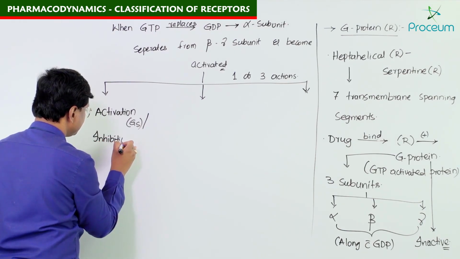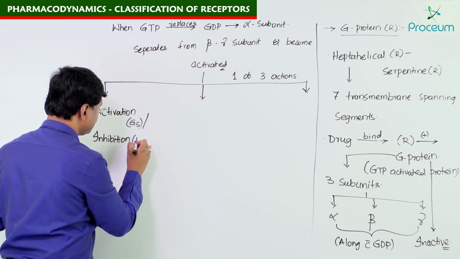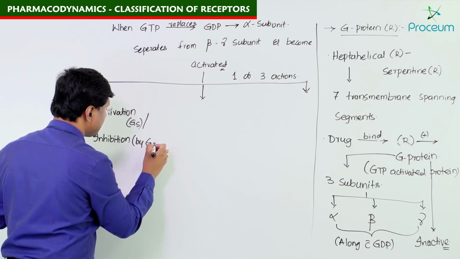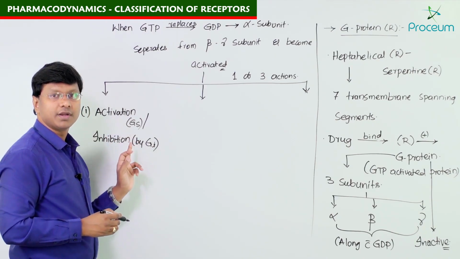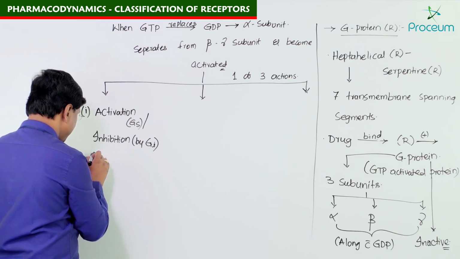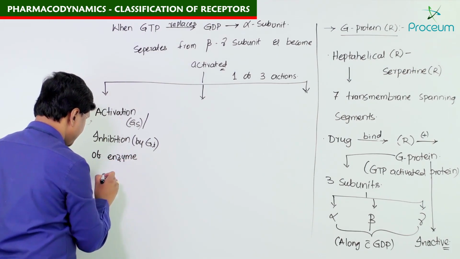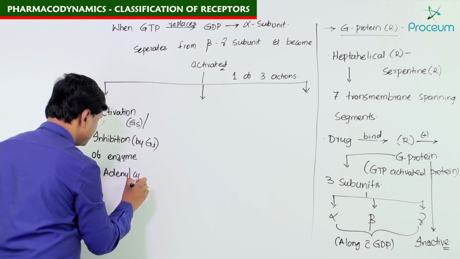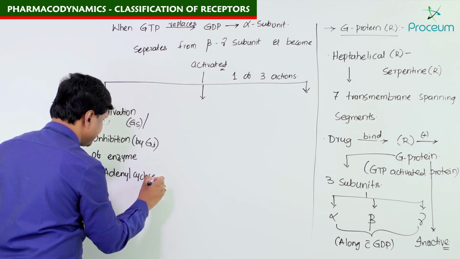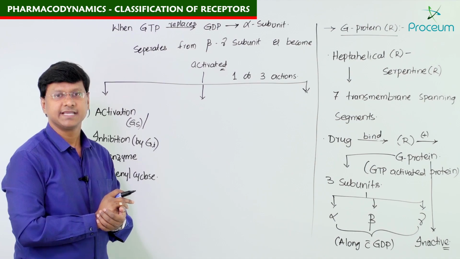Inhibition is done by GI. GI stands for inhibition. So activation or inhibition of the enzyme adenylyl cyclase.